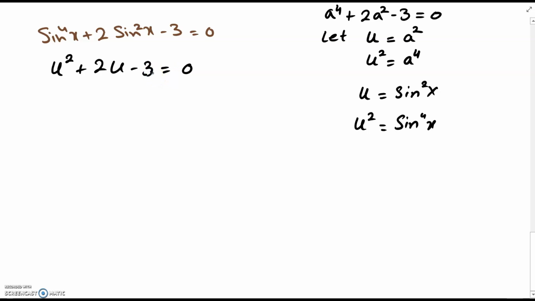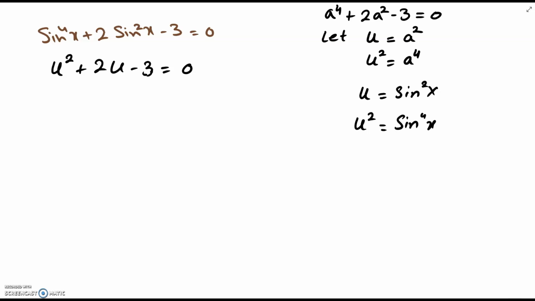Now look, it's very clear that you are going to use the factorization method, right? It means we need two numbers that add to give the middle term, which is 2, and multiply to give the third term, which is negative 3.